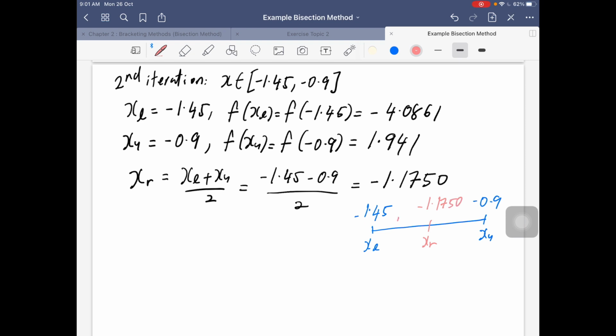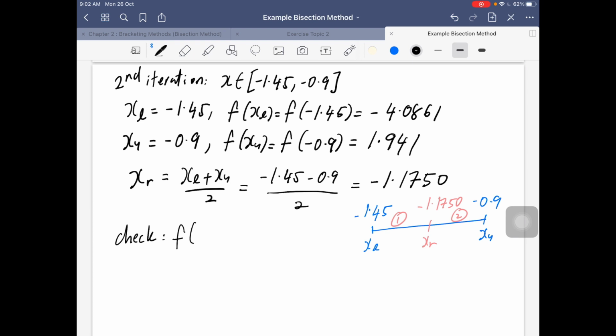So we need to check whether the root, or the zero of the polynomial, lies inside the lower subinterval bounded by XL and XR, or inside the upper subinterval bounded by XR and XU. So again, we need to check the test condition.